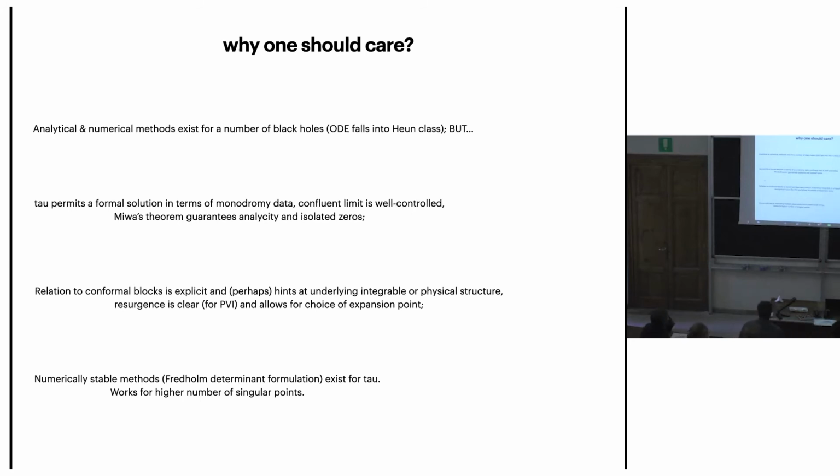There are numerically stable methods in the sense that you can move around the point in the complex plane independent of the value that you get. But numerically, they exist. I mean, this Fredholm determinant works for it. And perhaps more important for the people that actually work on applications, you don't need to fall into the Heun class anymore. You can have a generic Fuchsian equation. This still works.